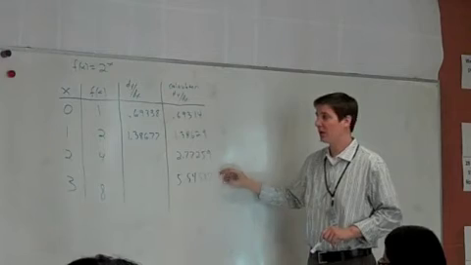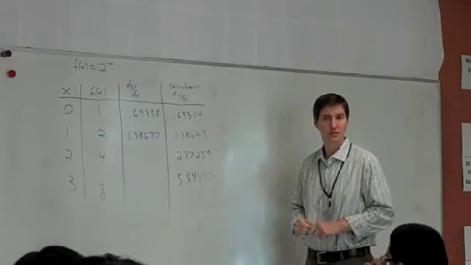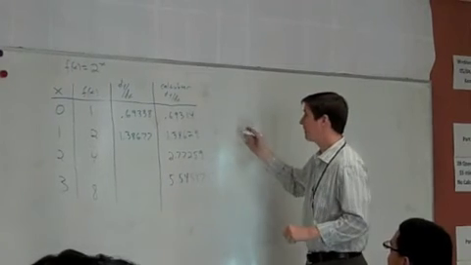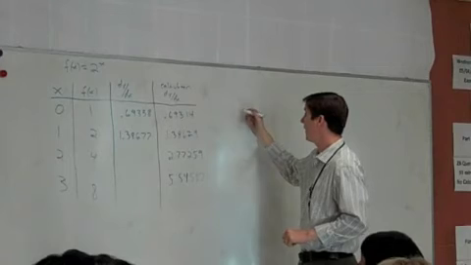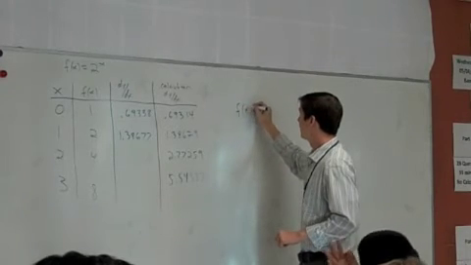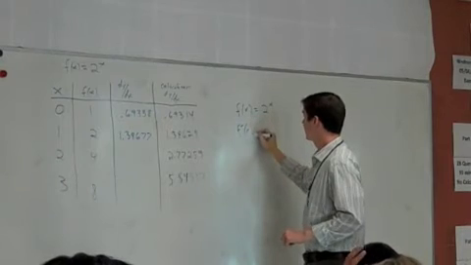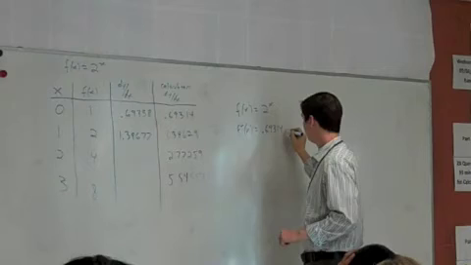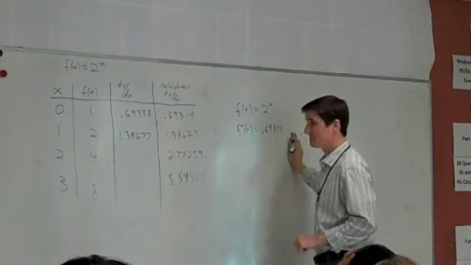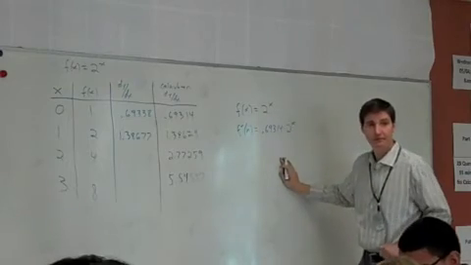Gosh. Does anyone notice any patterns, like, overall? It's the same. It's this number. To get the derivative at a specific x value for this function, the derivative is equal to this weird number times 2 to the x.